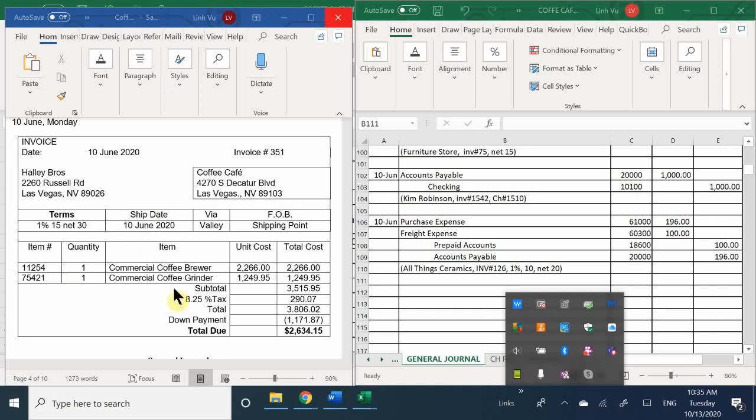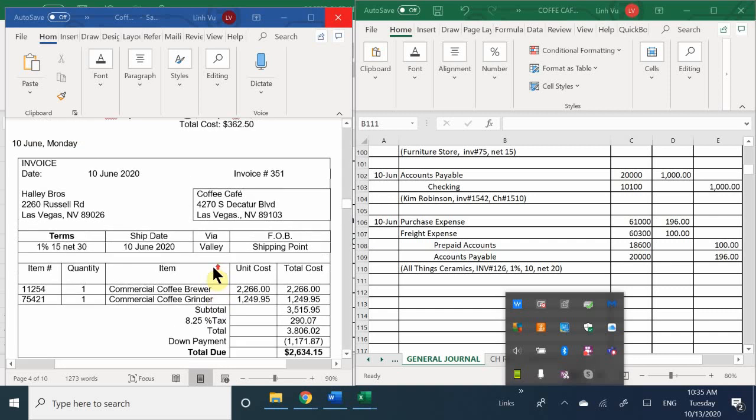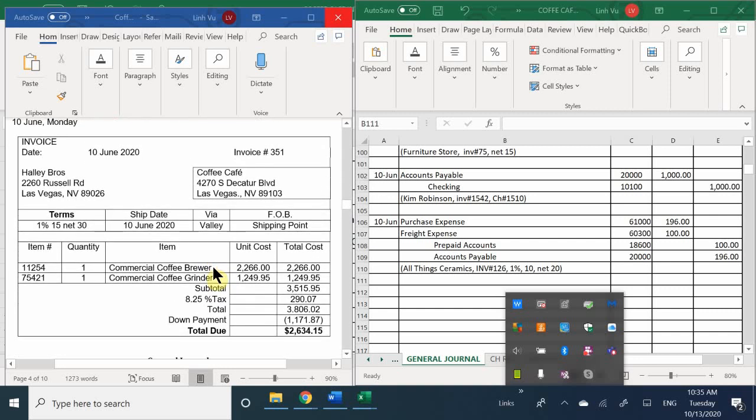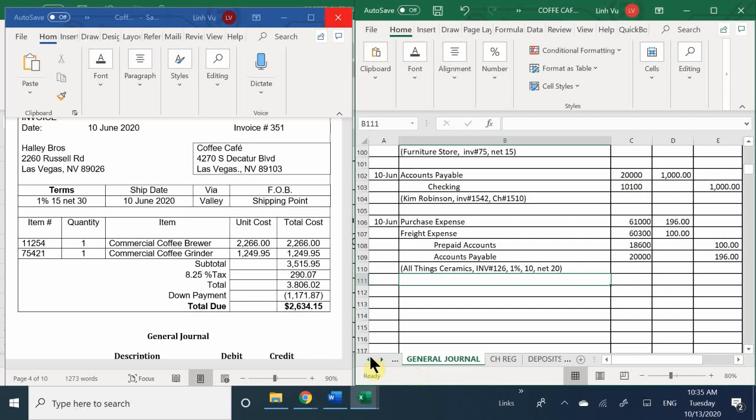So what happened here? How did it happen? What did we buy? A brewer and a grinder, right? So let's look in your chart of accounts for that brewer and grinder.